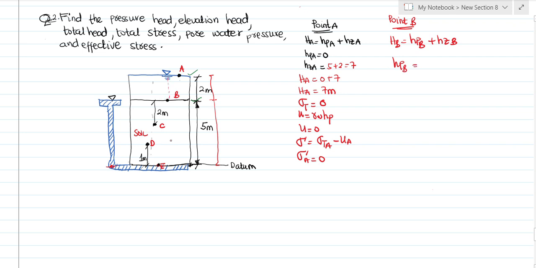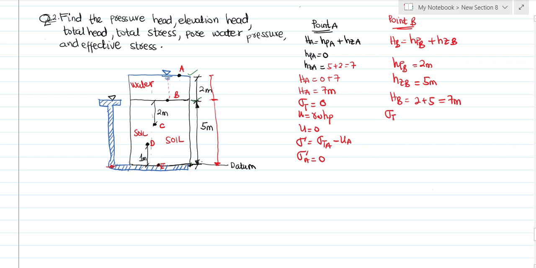This is soil, because this is water, so the column of water above point B is 2 meters. The elevation head at B is from here to B, so from the datum to B is 5 meters. And so the total head will be 2 plus 5, which gives us 7 meters.